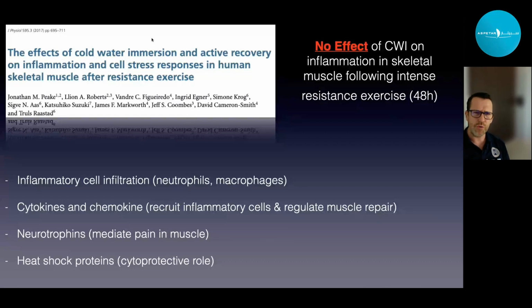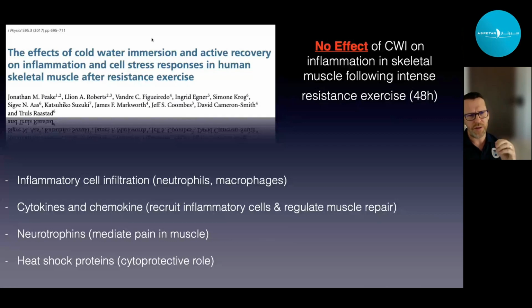What they showed is that when you induce some damage using resistance exercise, in this case squatting exercise, and compare cooling of the limb with cold water versus active recovery, for example cycling on an ergometer, and look at inflammation within the muscle, so we're not talking systemic inflammation markers, for example blood markers, we're talking directly in the skeletal muscle.